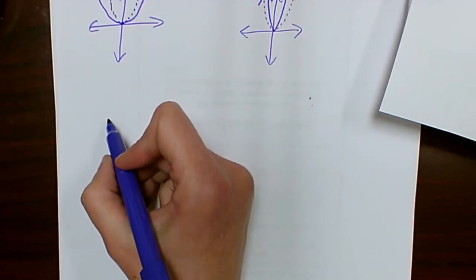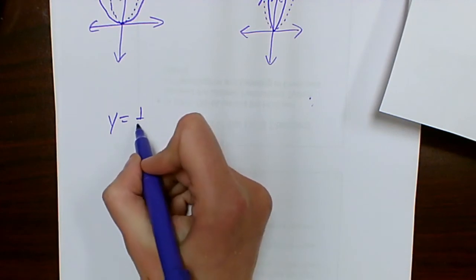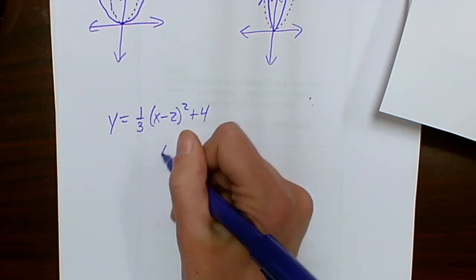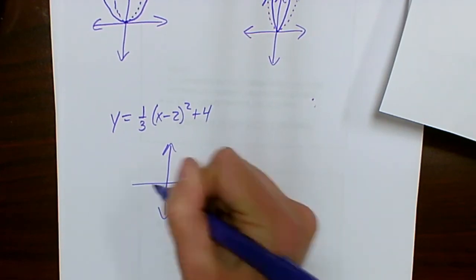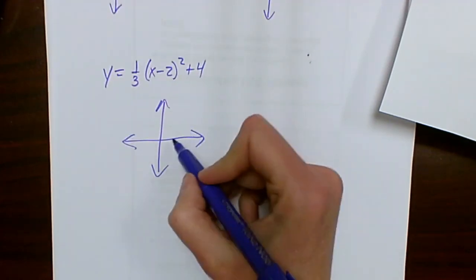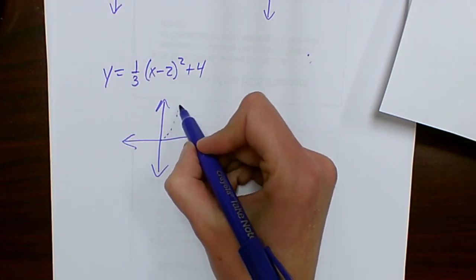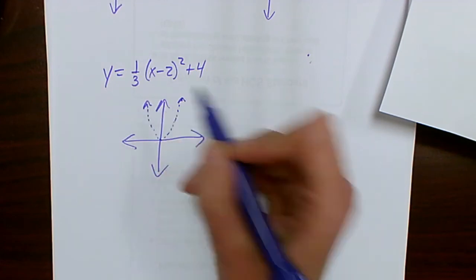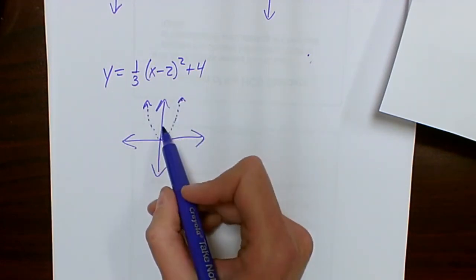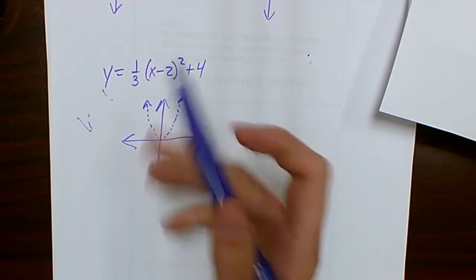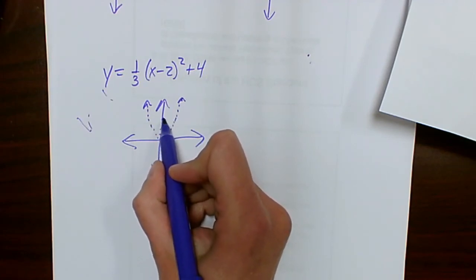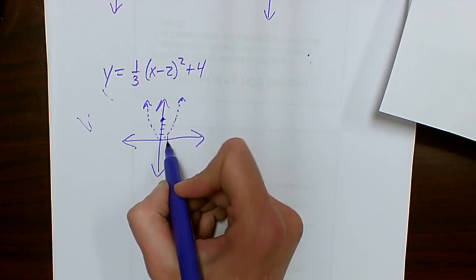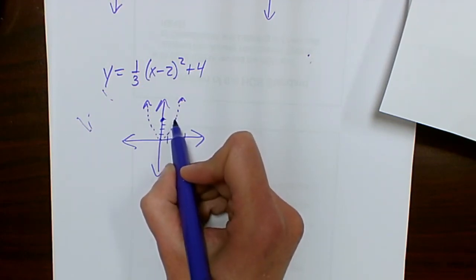So one more example. And this will be in terms of a U. So this is the parent graph. And then we are going to move this graph up 4, and then we are going to move it right 2.